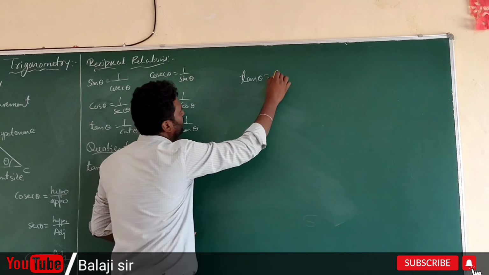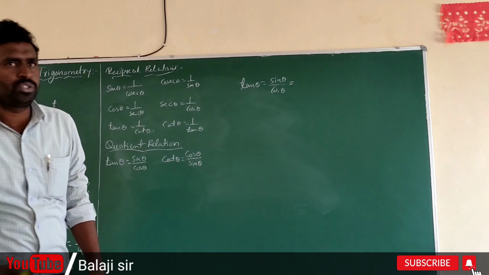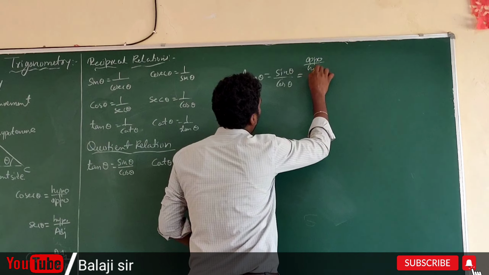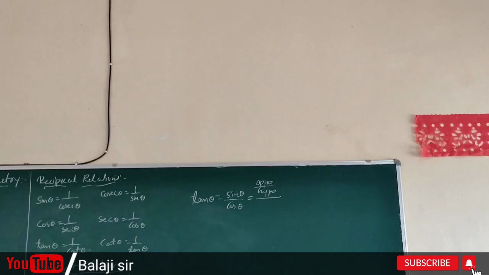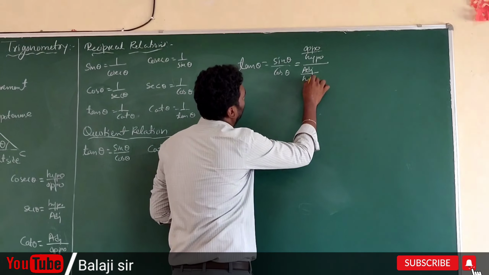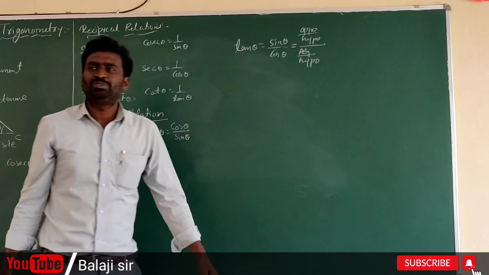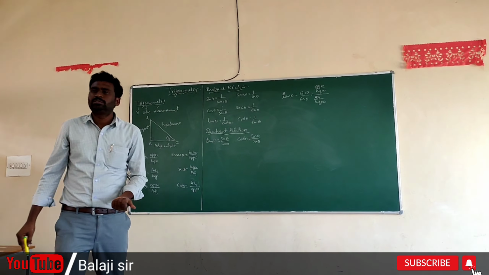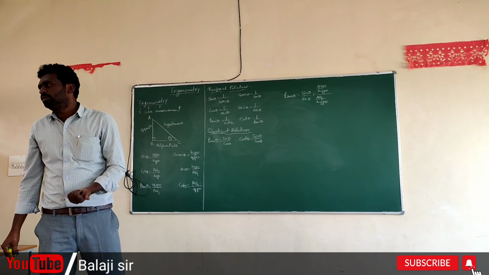What is the sin ratio? This is nothing but opposite by hypotenuse. What is cos theta? Adjacent by hypotenuse. Now the hypotenuse gets cancelled, because the upper part and the lower part, the numerator and denominator, are both over the hypotenuse.